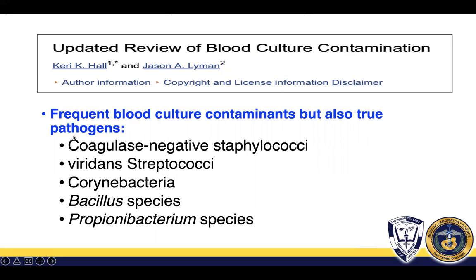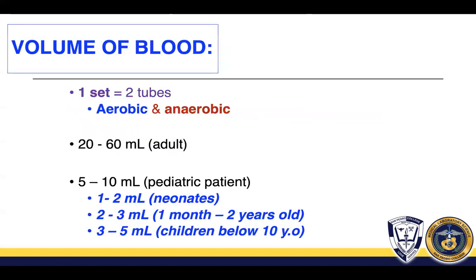So it's not just purely normal microbiota that can grow as contaminants in blood cultures, but there are also true pathogenic organisms that are frequently present in blood cultures. So we should be on the lookout for these pathogens.